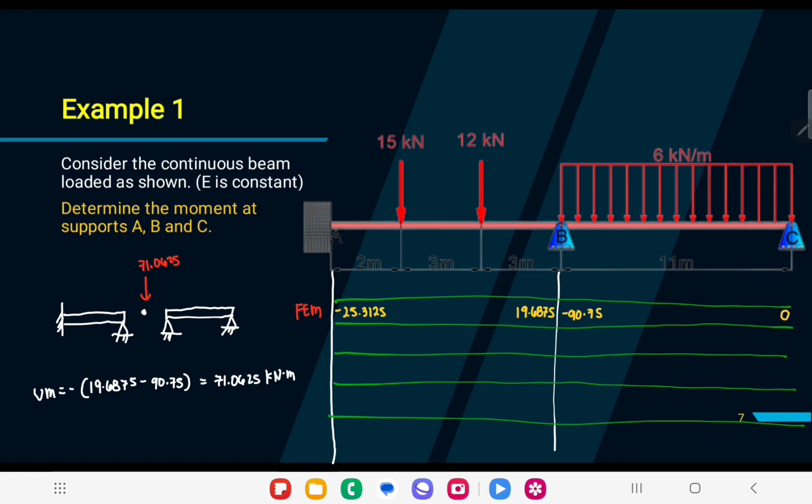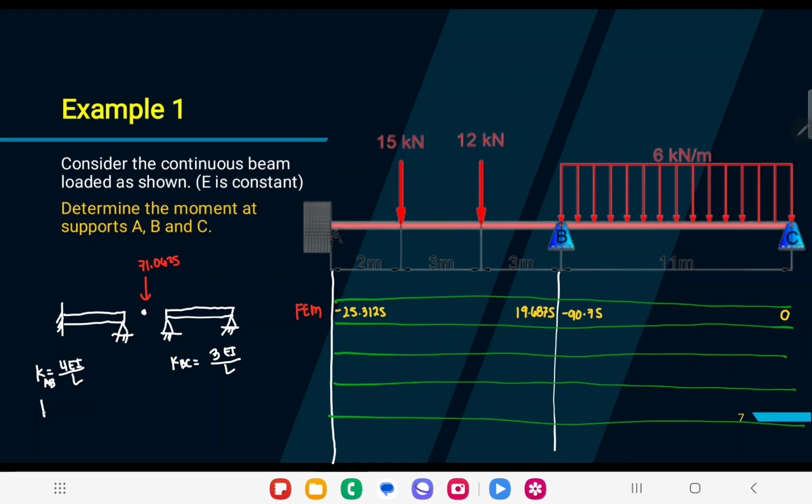And then, when we solve for the distribution factor, meron naman tayong formula dyan for prop beam and cantilever beam. Okay? So, for our prop beam, K is equal to 4EI all over L. So, KAB muna. Okay? And then, for KBC, equal siya sa 3EI all over L. Okay?